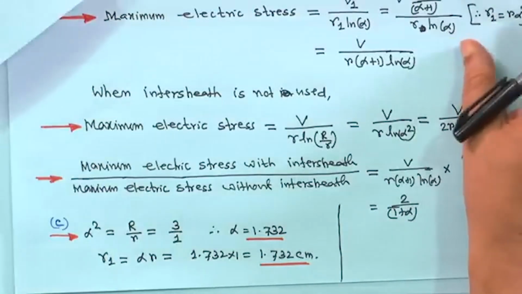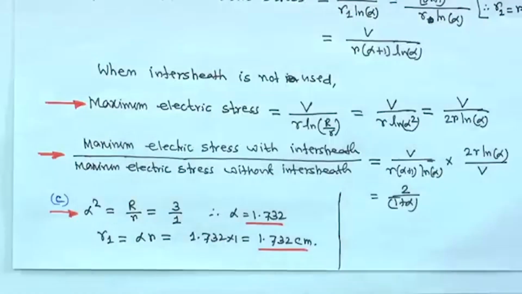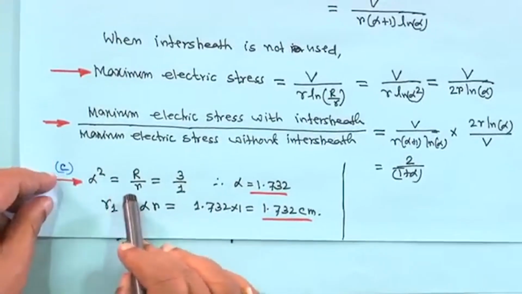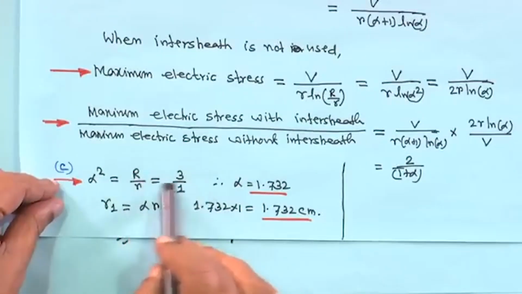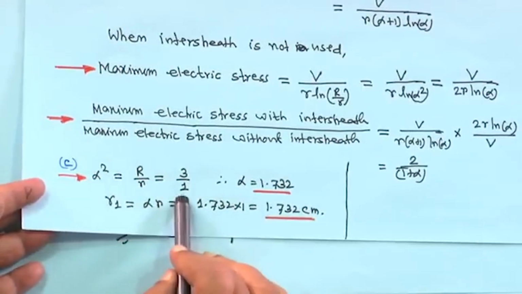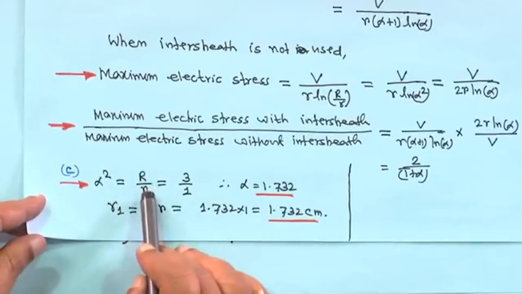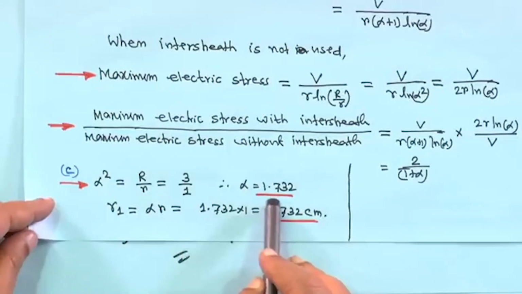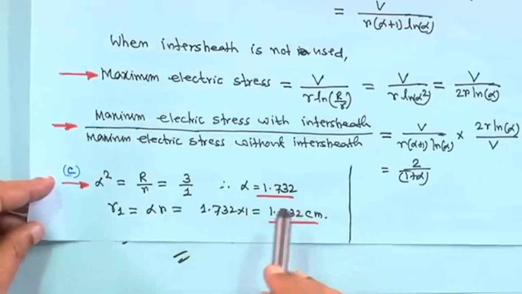Now, last part C is given, I hope you have understood this. In C, capital R is 3 centimeter and small r is 1 centimeter, right. Therefore, alpha square is equal to capital R upon small r is equal to 3 by 1, therefore alpha is equal to 1.732.